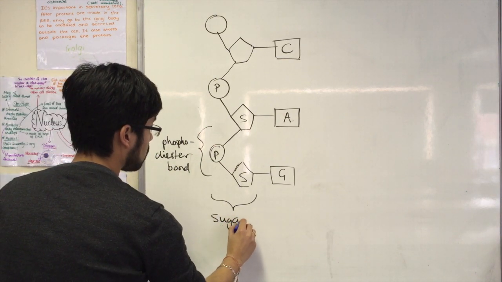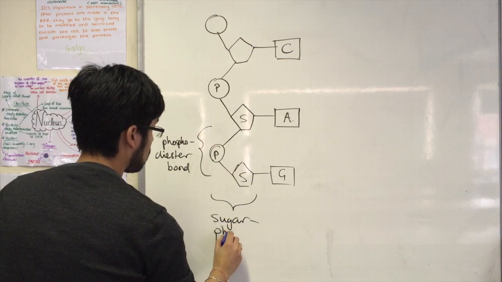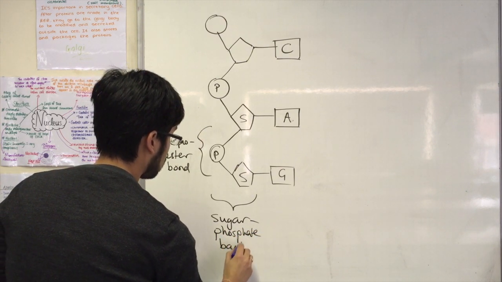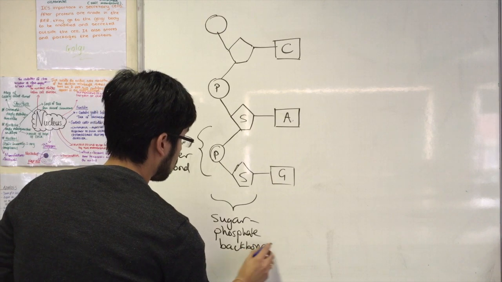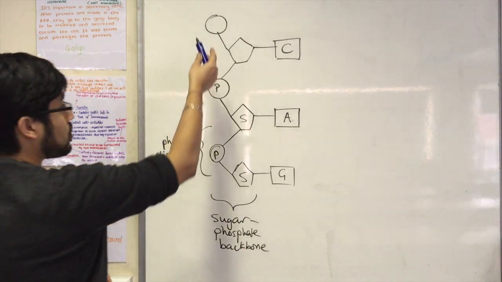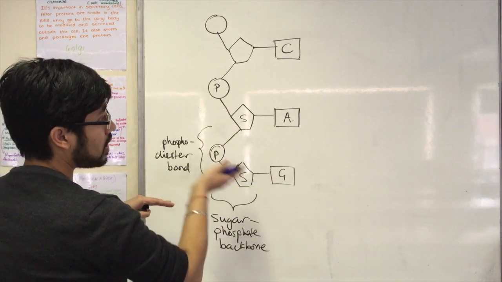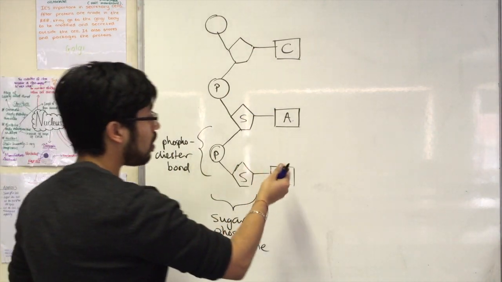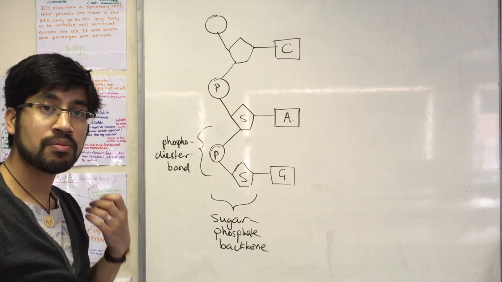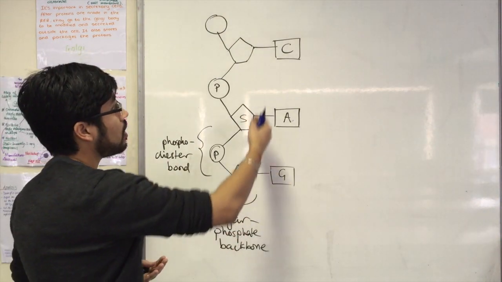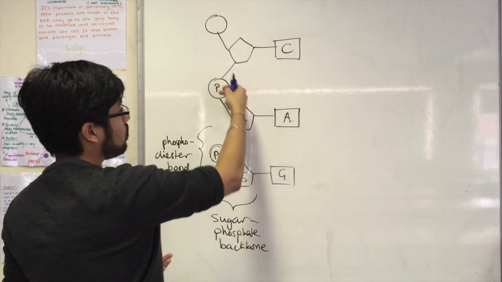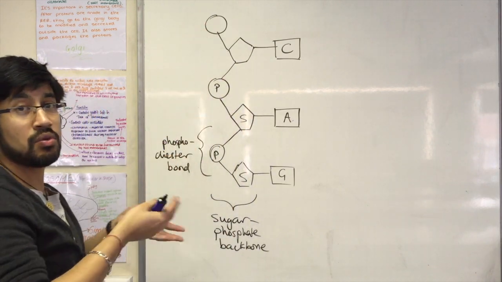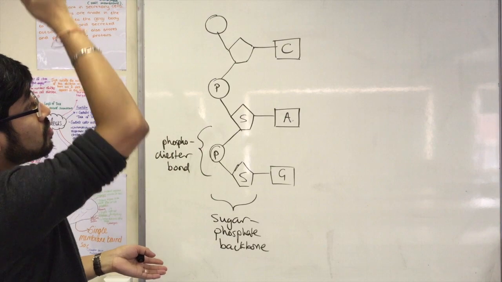The sugar phosphate backbone, right? So this is the backbone, and what you have sticking out from that backbone is the nitrogenous bases. It's the sugar, phosphate, sugar, phosphate, sugar, phosphate. There's nothing unique about that. That's just a repeating unit all the way along.